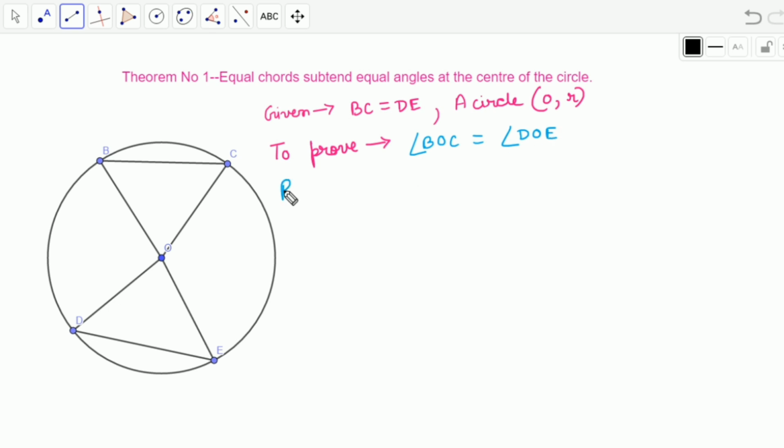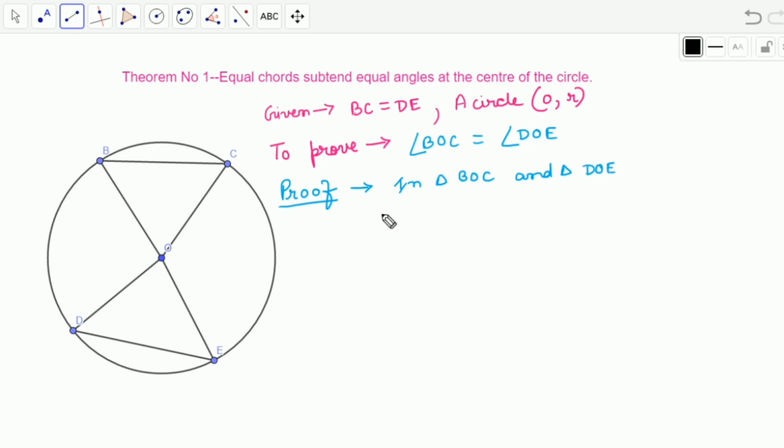Now what's the proof? In the proof, we will follow a very simple step. We will follow the congruency rule of the two triangles. Now we can see two triangles here: triangle BOC and triangle DOE.